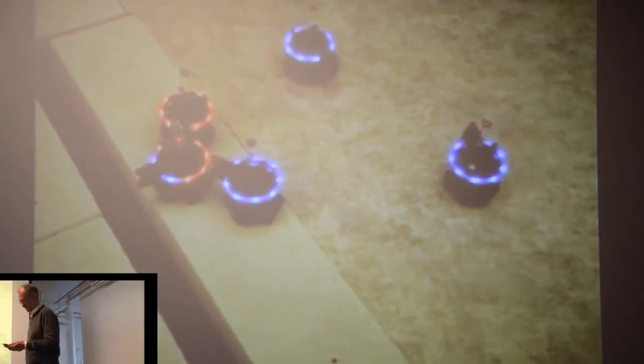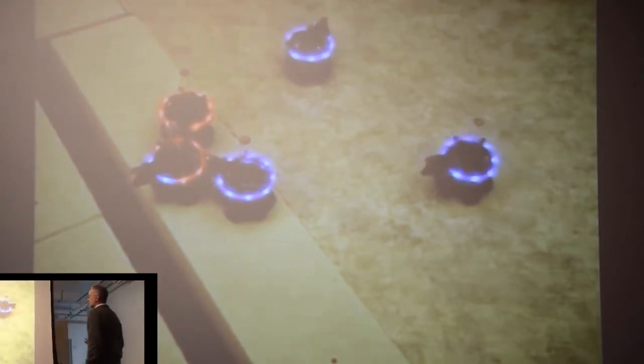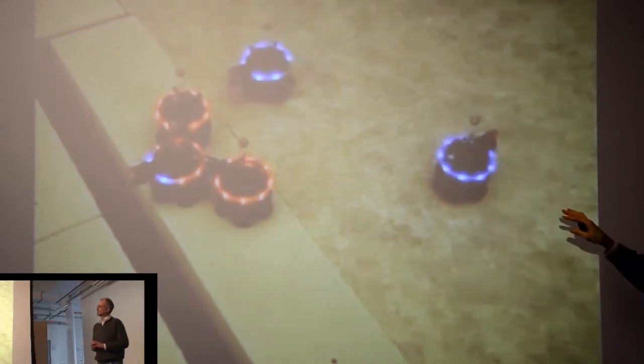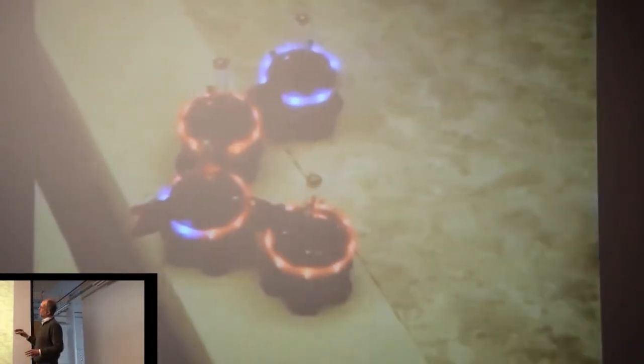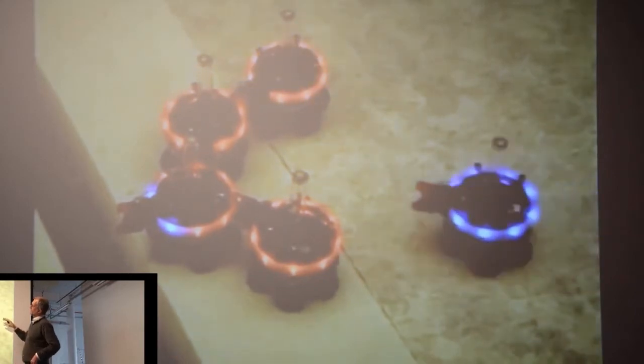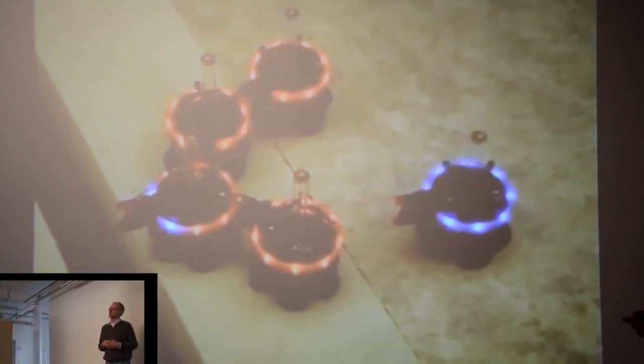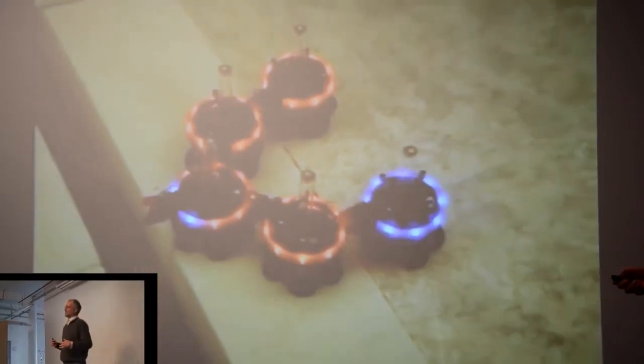Okay, so before I talk about humanoid, I want to show something about more recent work. So the idea of functional self-assembly: to use this self-assembly capability as a response to something that happens in the environment.